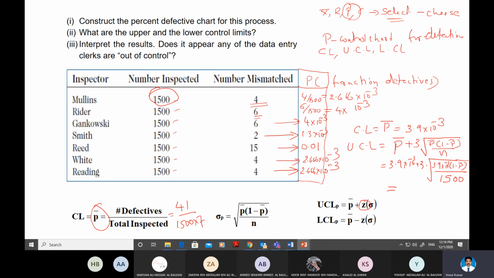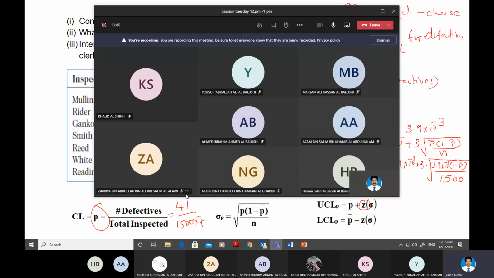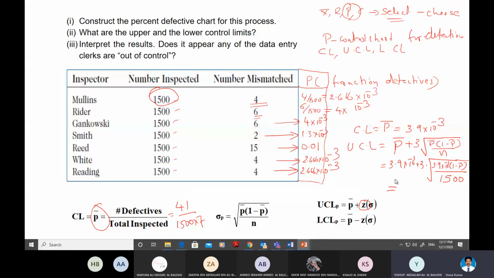Are you doing it? Mariam, Yusuf, Zakaria, Azam? Yes, doctor, working. I need the upper control limit because I am directly solving the problem. Your answer will be taken.